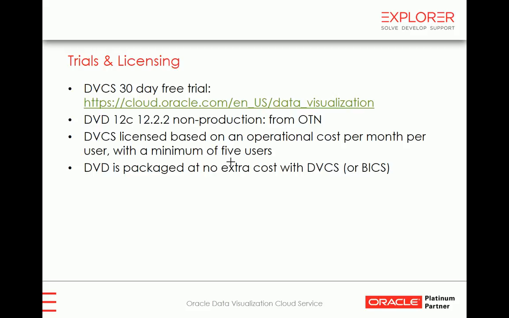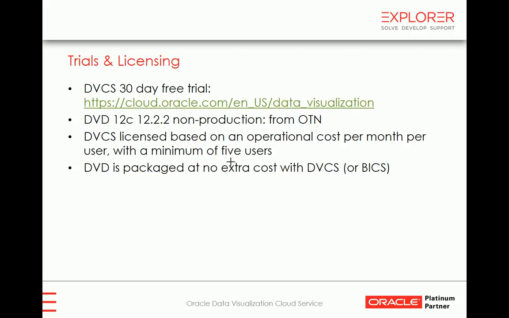So I'll move on to provide a little bit of details about the trials that are available and licensing. DVCS, you can currently obtain that on a 30-day free trial from the website shown. Alternatively, you may want to try DVD out, and you can get a non-production version from OTN.